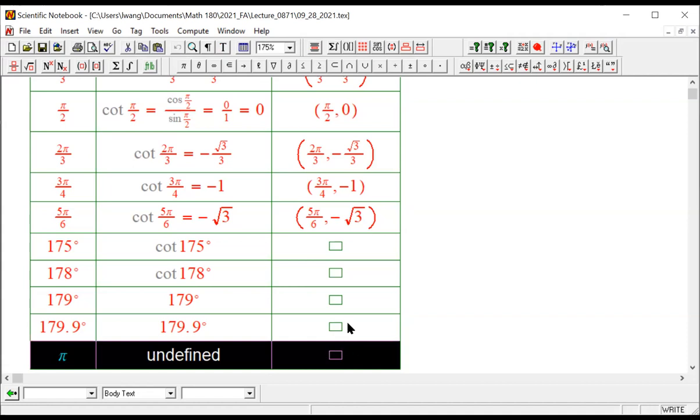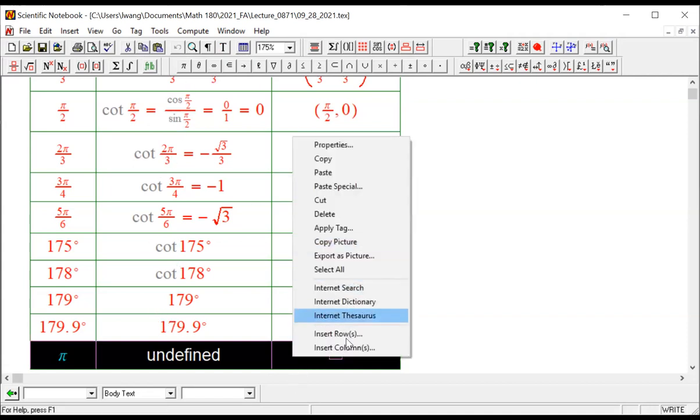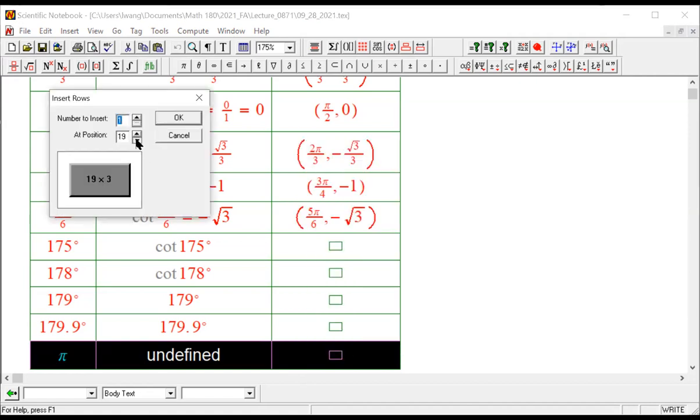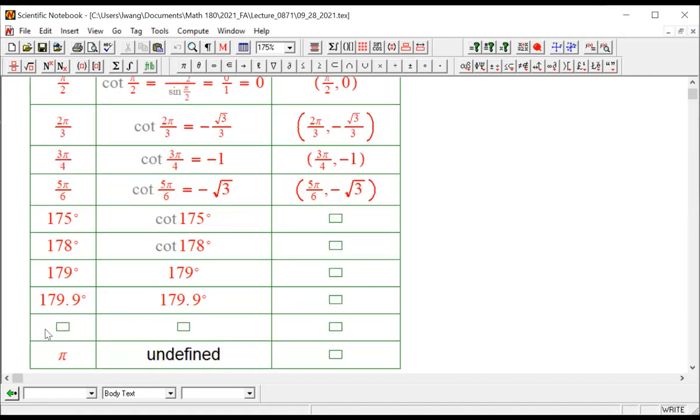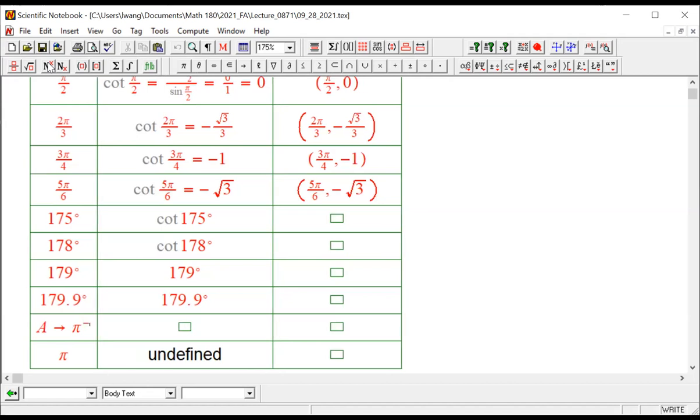Because we want to observe, as the angles approach pi from smaller than pi, what is the behavior of cotangent? Could you guys give me those values? Put them on the chat.